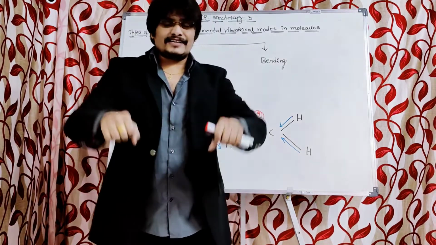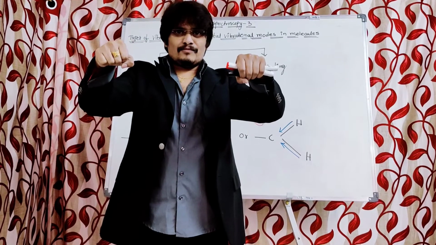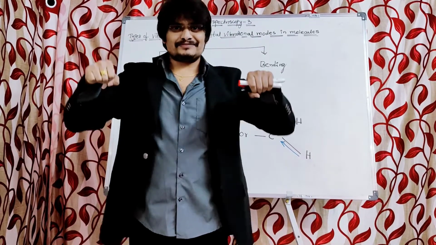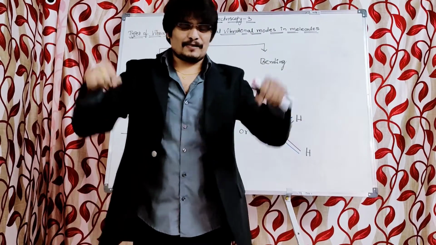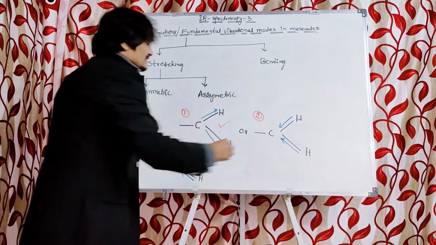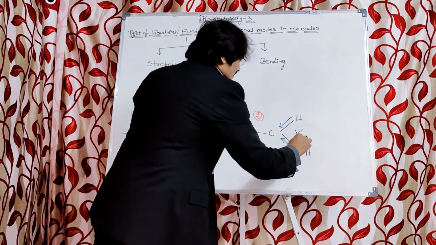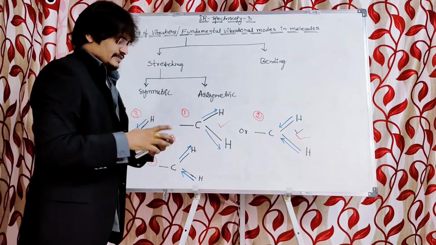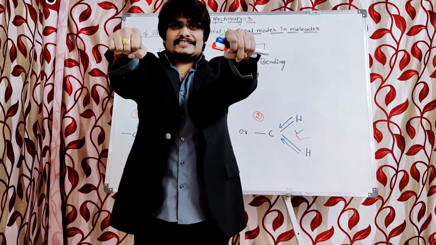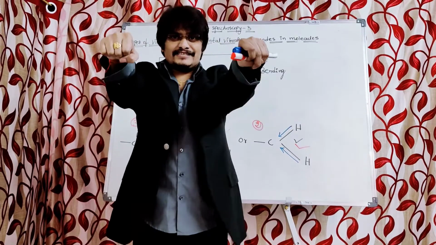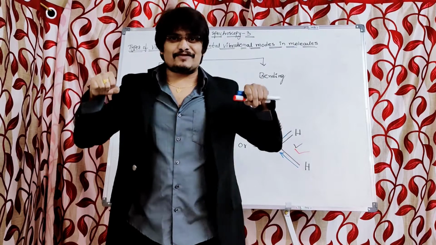Another case is the same carbon, where both bond lengths are decreasing. This one. Now, both are increasing at once in the first case, and in the second case both are decreasing at once.